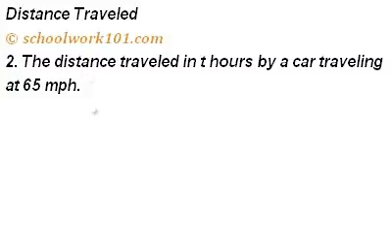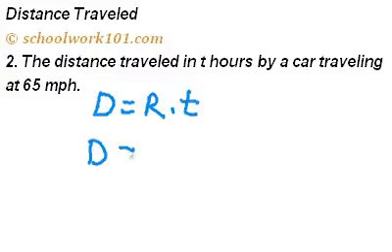The distance is equal to rate times time. So our distance is equal to, and our rate is 65 miles per hour, so 65t. That's all we'd have to do to set that up.